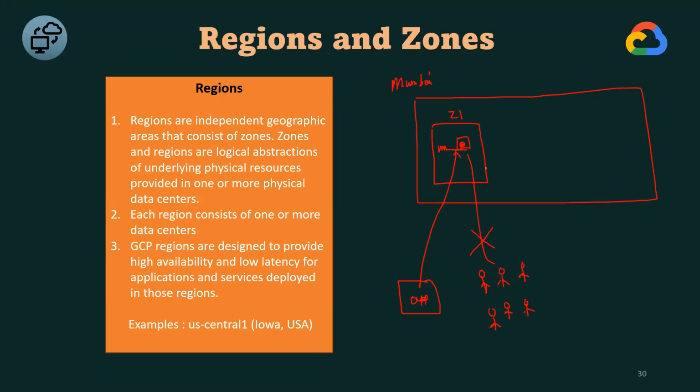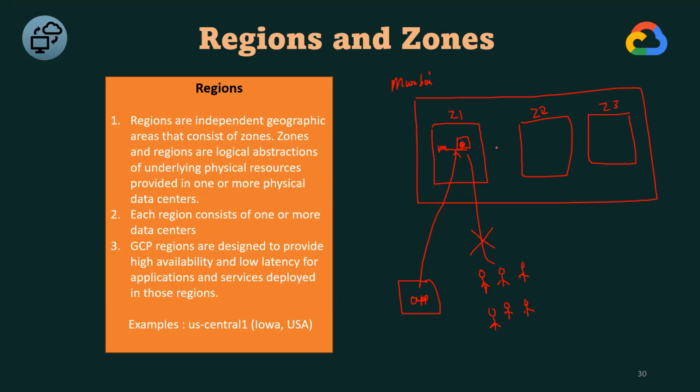Due to that reason, what Google Cloud Platform suggests is to deploy in more than one zone. We already know that in a region we will have at least three zones.